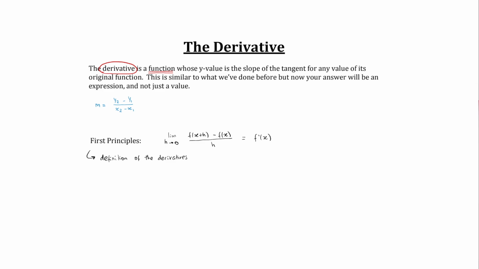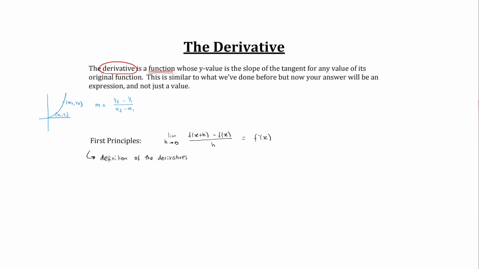If we have 2 points on a curve, right? Where point 1 has coordinates x1, y1, and point 2 has coordinates x2, y2.